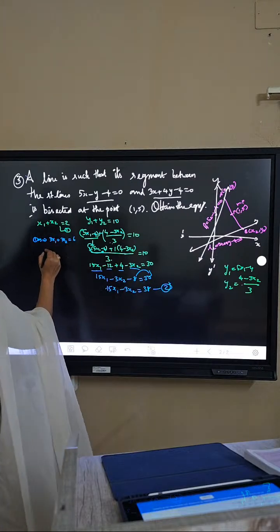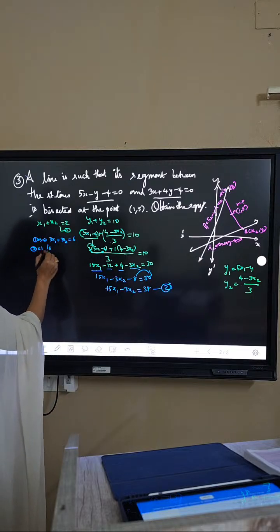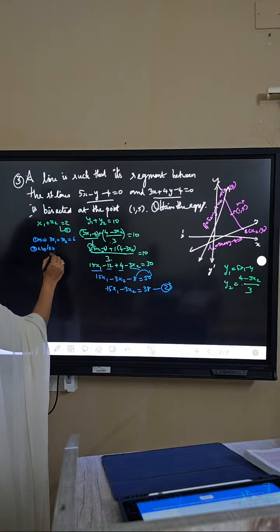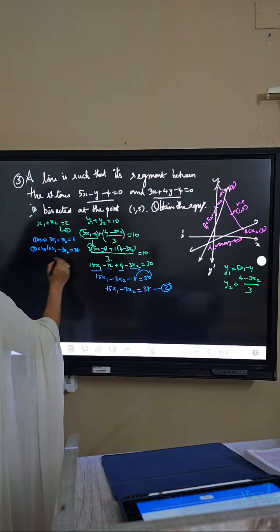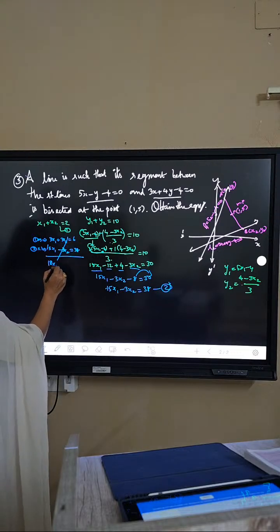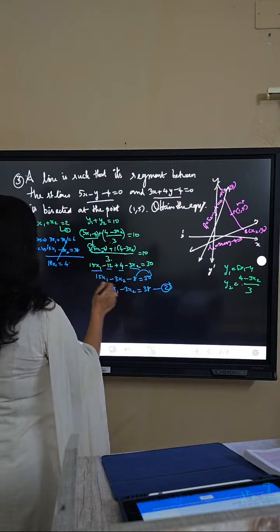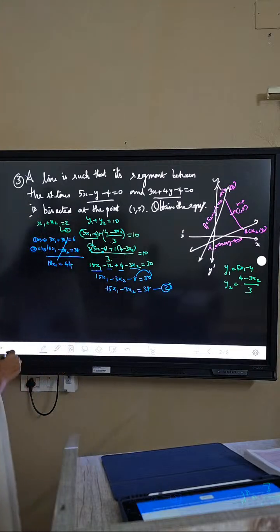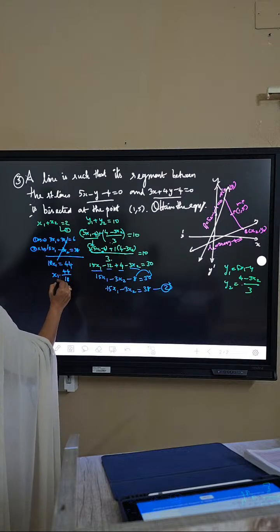Keep the second equation like that, 15x1 minus 3x2 equal to 38. So you can cancel this, giving 18x1 equal to 38 plus 6, which is 44, right? So x1 is equal to 44 over 18.